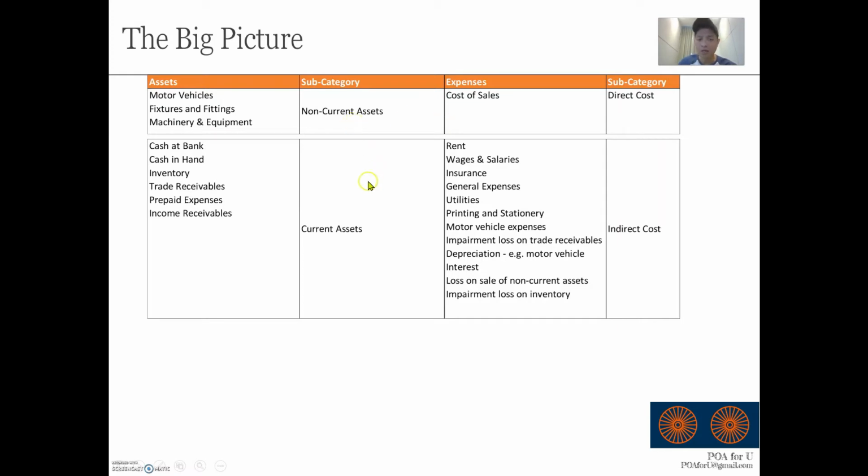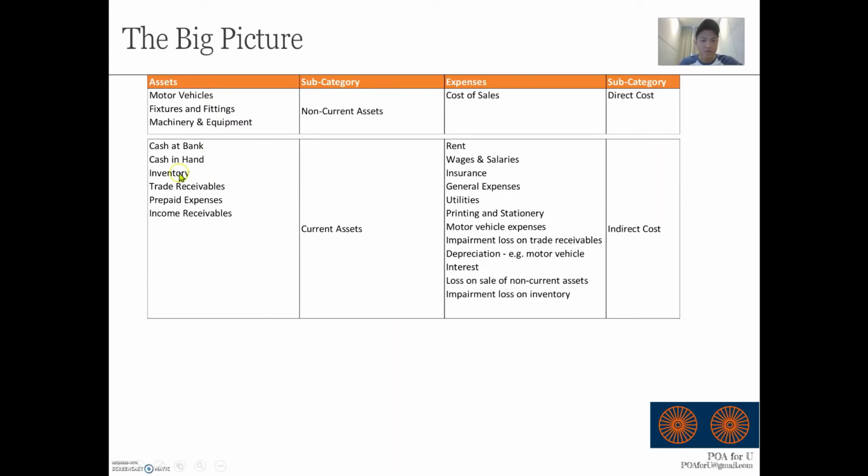Now, assets are classified into current and non-current. Non-current assets are typically those that you can't liquidate in the next 12 months. They are actually purchased for long-term usage for the business. And current assets are things that can be liquidated, and when I say liquidated, I mean converted to cash in the next 12 months.